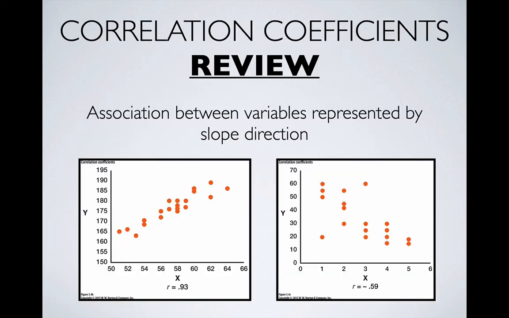Okay, so just a very quick review of correlation coefficients. I do review that elsewhere, right? If we have a strong positive correlation, because that's what we want for reliability, you would have something like 0.8, 0.7, 0.93, and that should be positive.